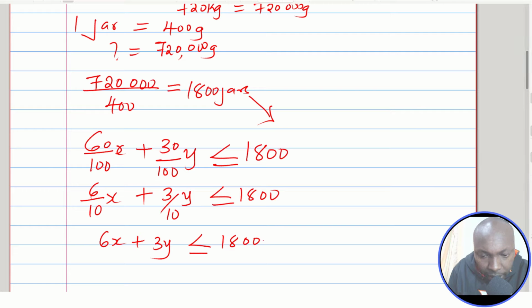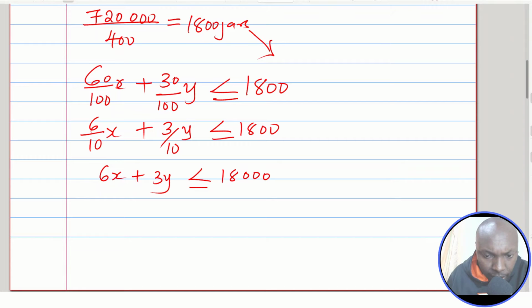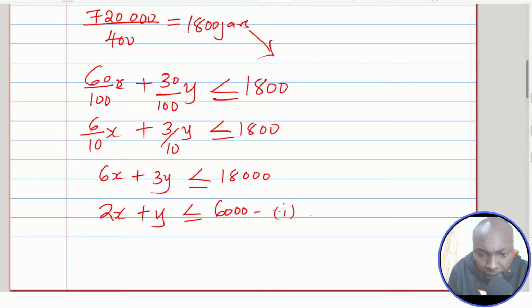We multiply each term by 10 to get rid of the denominator. Then you can divide everything by 3 to simplify. Dividing everything by 3, we get 2x plus y less than or equal to 6,000, since 18,000 divided by 3 is 6,000. So this gives the first inequality.